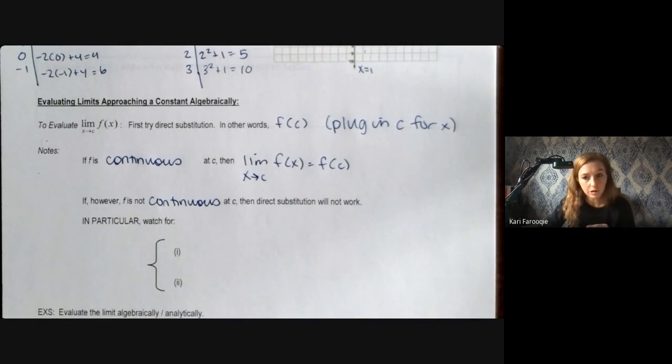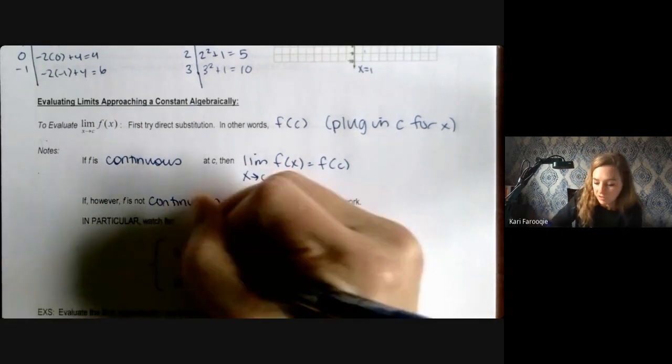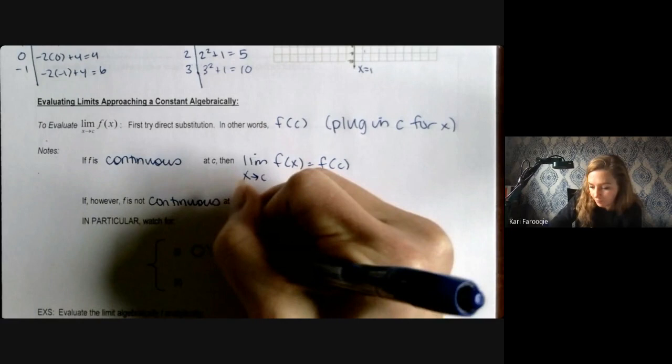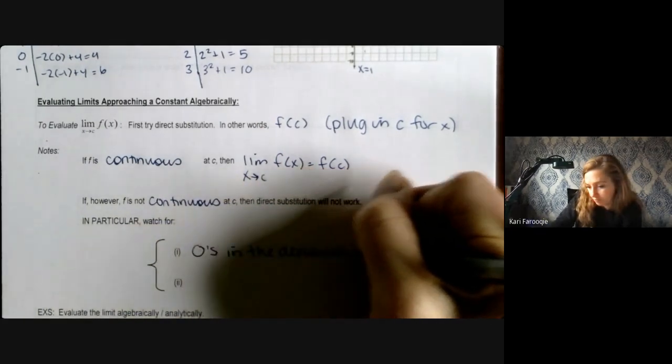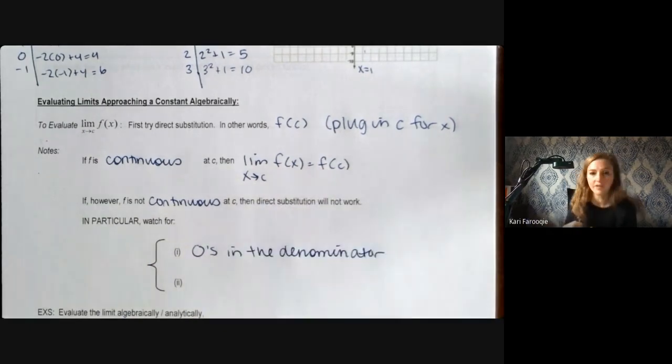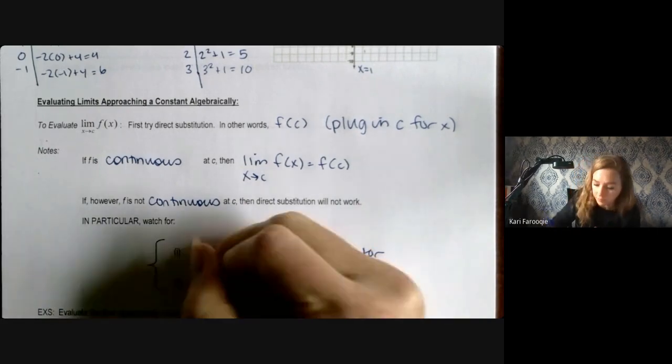Maybe the numerical method where we had the table of values, or maybe a graphical method. So in particular, we're going to watch out for zeros in the denominator, that's one big thing that's going to cause the function to be not continuous, or cutoff points of piecewise functions.